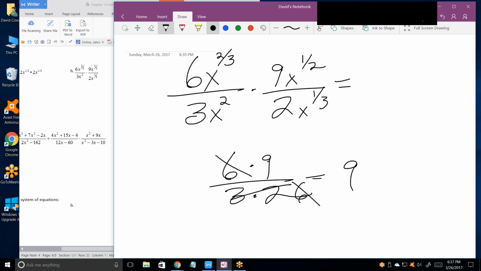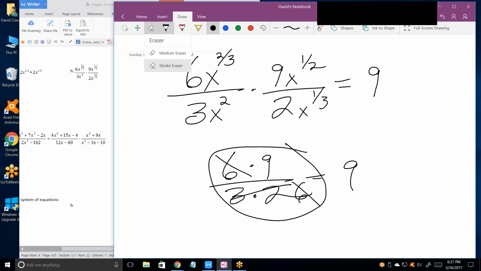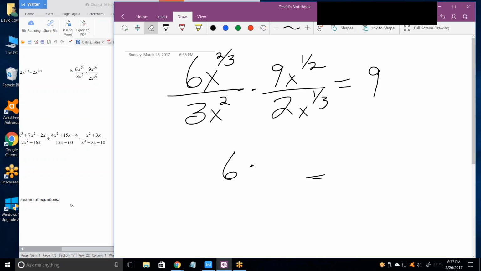So my general rule of math is always, if you have a chance, reduce before you do any math. Simplify first. By simplifying, you deal with nothing but small numbers. So 9 is the number part.